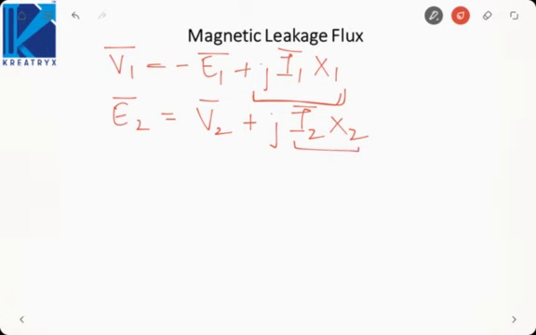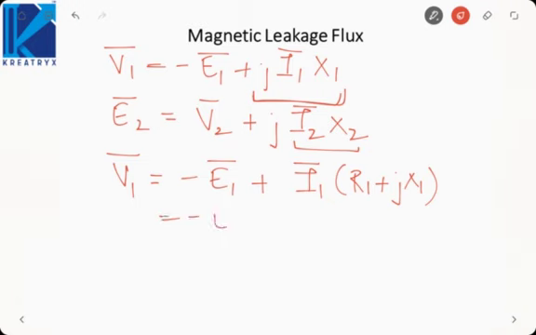So whatever we are doing is we are just considering a reactance in the primary and the secondary circuit to account for the leakage flux. This reactance can be called the leakage reactance. If we consider both resistance as well as reactance, then we can write V1 equals minus E1 plus I1 (R1 plus jX1), that is minus E1 plus I1 into Z1.